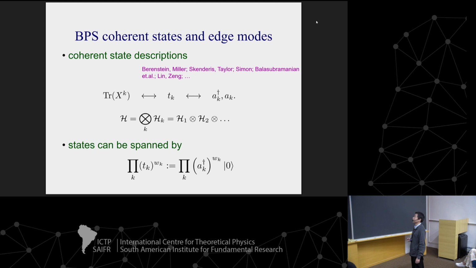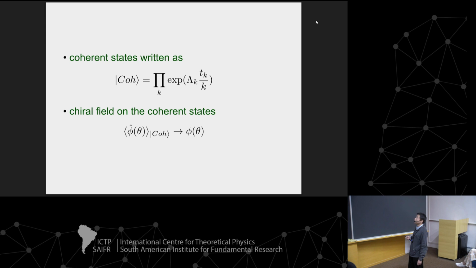The states can be spanned by the product of A_k dagger to the exponent w_k acting on the vacuum. There are coherent states which can be written as the exponential of T_k with the coefficient lambda_k. And these coherent states are related to the edge of the droplets.